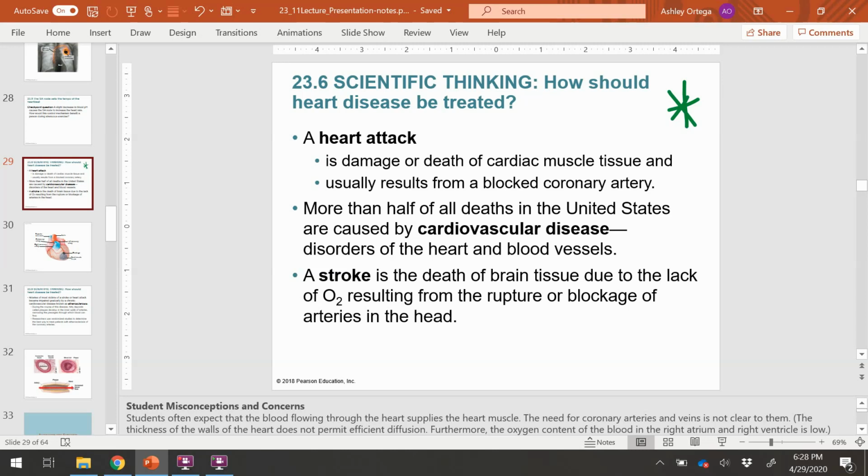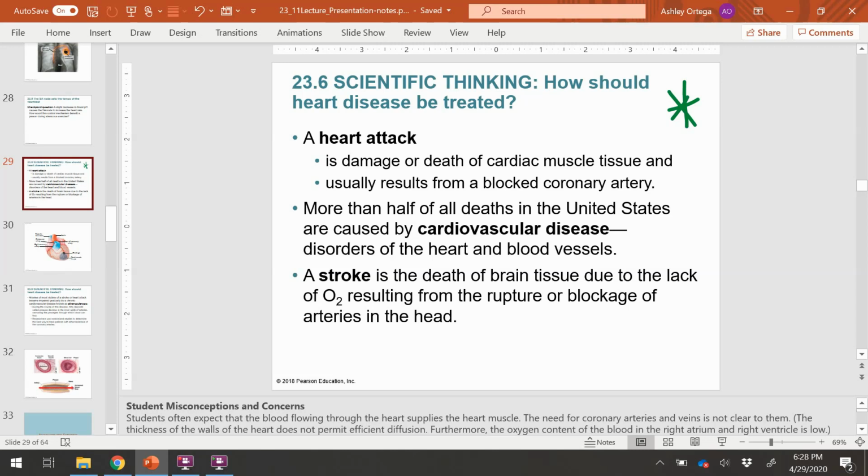So the heart needs its own supply of blood to survive, for its own cardiac muscle tissue that we looked at before. And so if those coronary arteries get blocked, that can result in a heart attack. So damage or death of that cardiac muscle tissue can cause a heart attack.